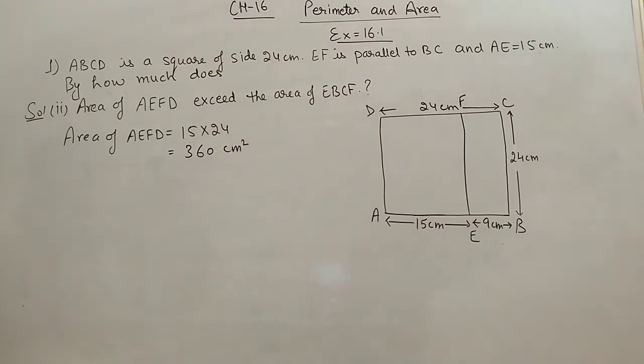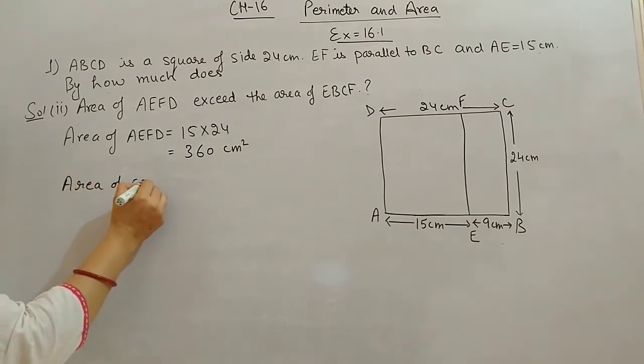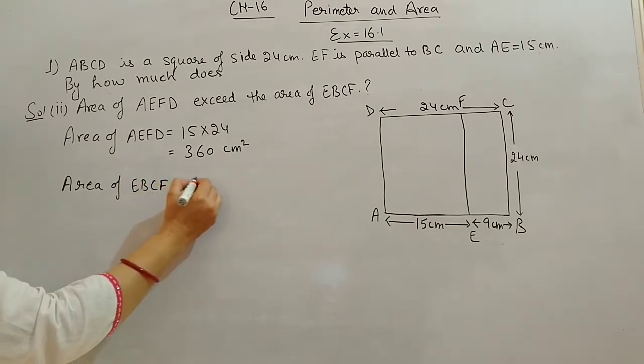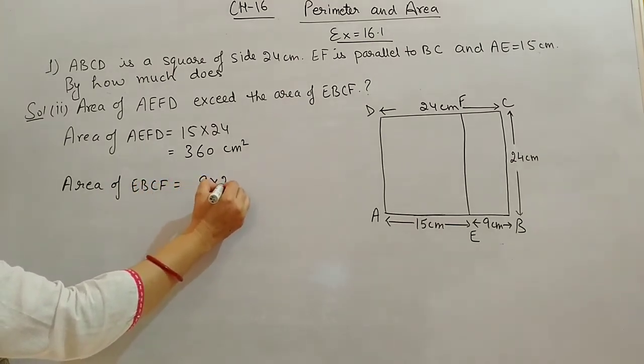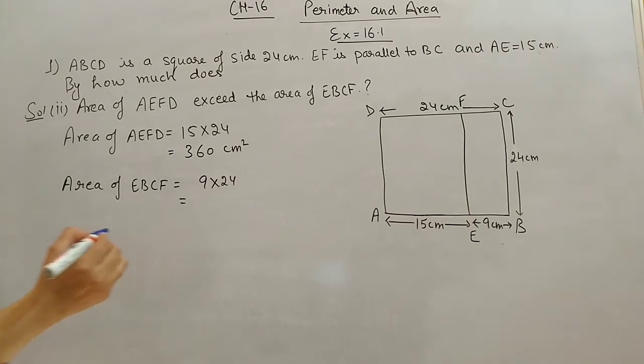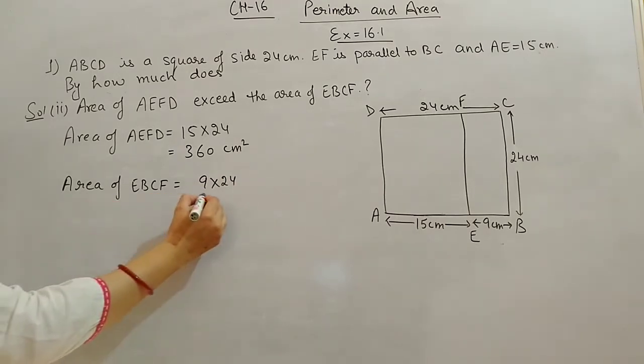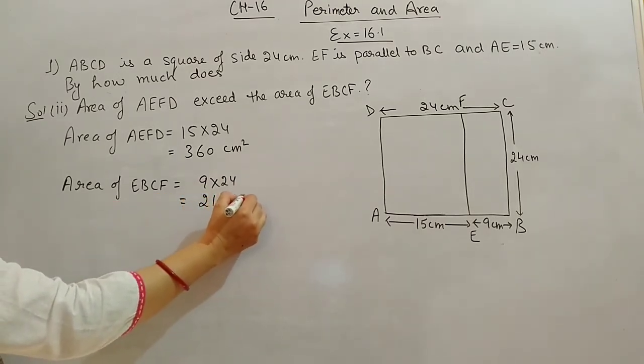Always the unit of area will be in square. Next, area of EBCF is equal to 9 into 24. 9 into 24 is equal to 216 centimeter square.